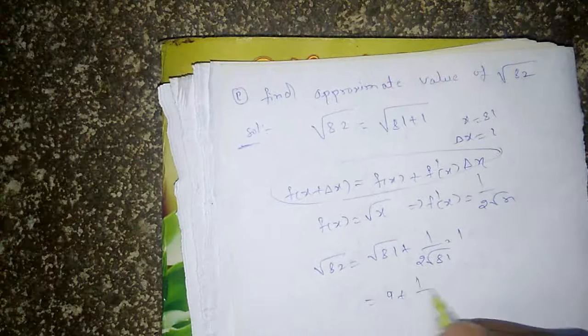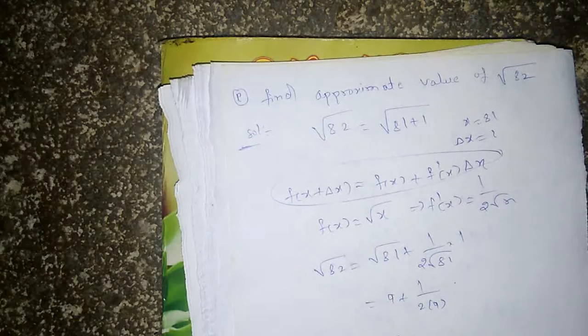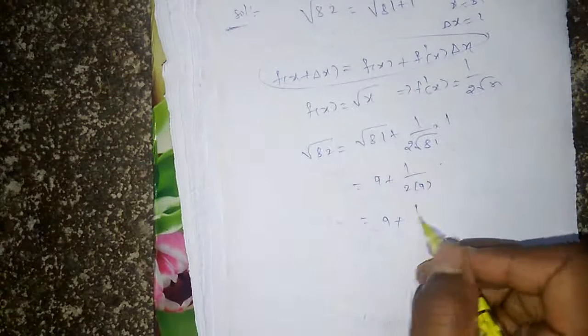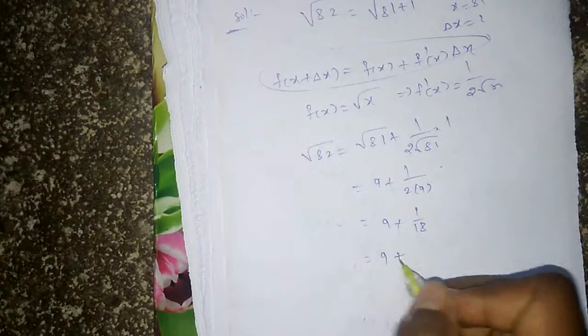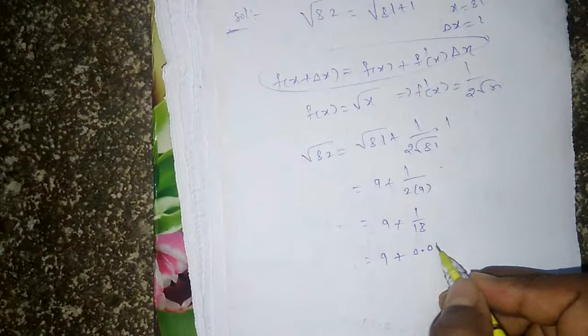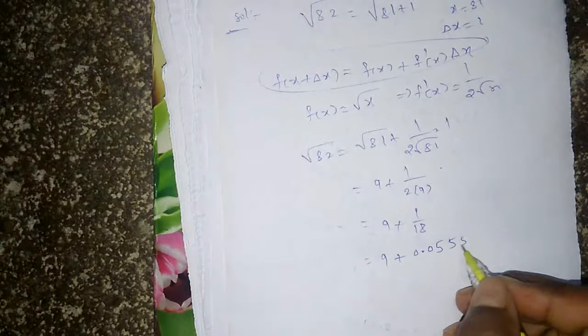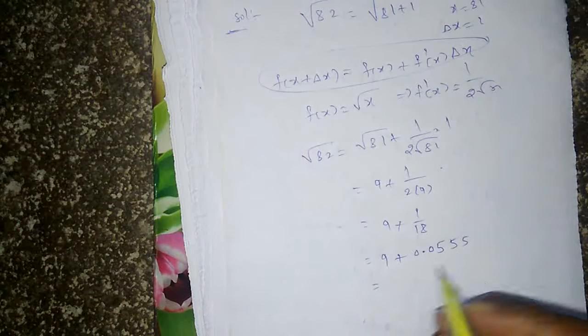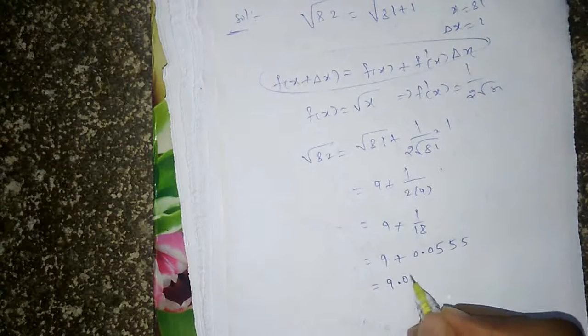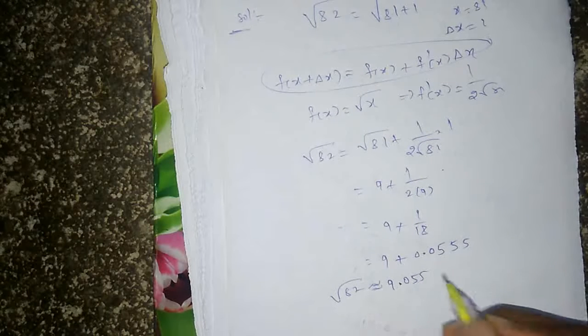This is 9 plus 1 by 2 into 9, that is equal to 9 plus 1 by 18, that is 0.0555. So 9 plus 0.0555, that is 9.055 approximately. We can put 6. Root 82 is equal to 9.0556.